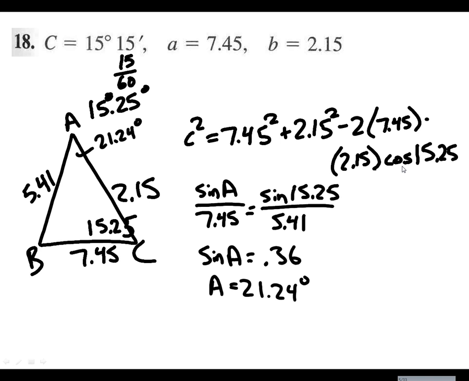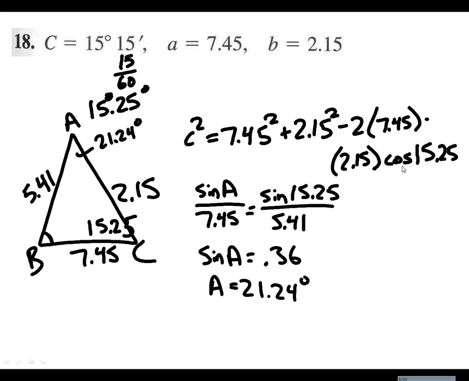Now we have to pause here for a second on that angle, because that angle seems awfully small, especially seeing as it needs to be our biggest angle. It's going to be bigger than 15.25, which it is, but there's 180 degrees in a triangle, and we're in danger here of having B then be our largest angle.